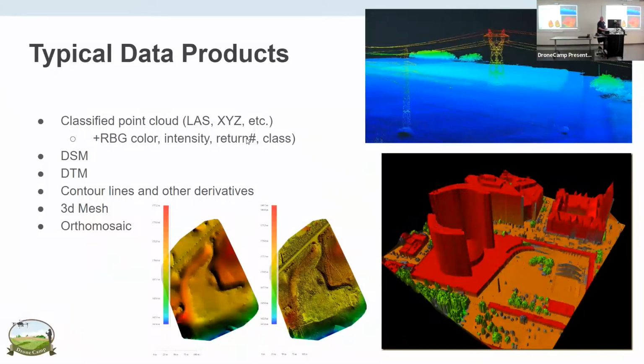So, data products you get out. Obviously, you're going to get a classified point cloud, and that can be in a bunch of different formats, LAS, XYZ. If we have a camera on the system that's calibrated with the LiDAR, we can get an RGB color for each point in the XYZ point cloud.